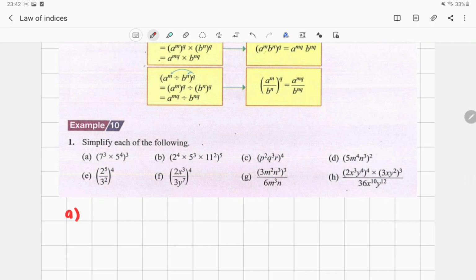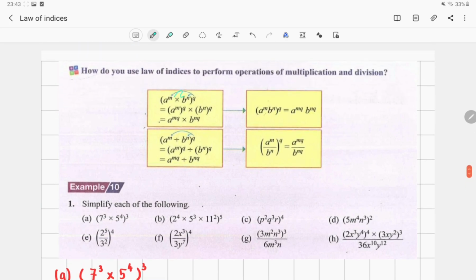For question A, the question is (7 to the power of 3 multiplied by 5 to the power of 4) to the power of 3. How you can simplify this is by opening the bracket. This power outside the bracket must multiply with the other indices in the bracket.